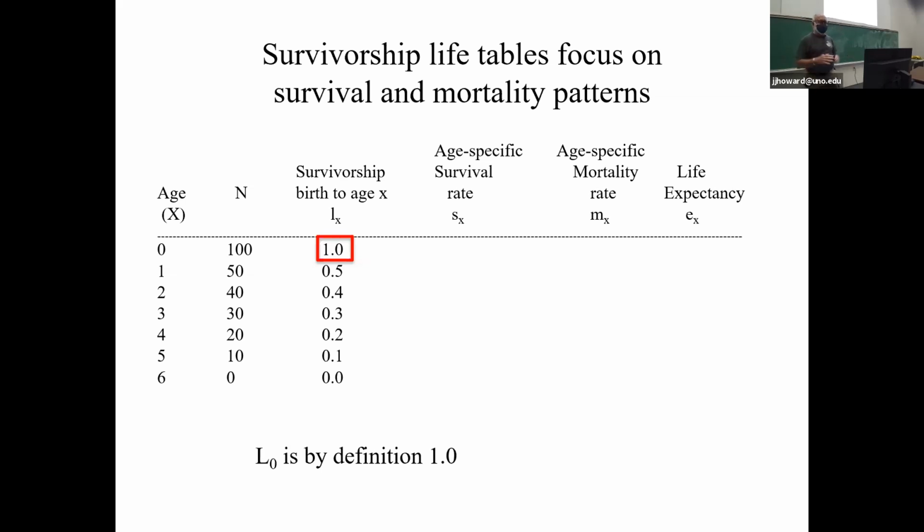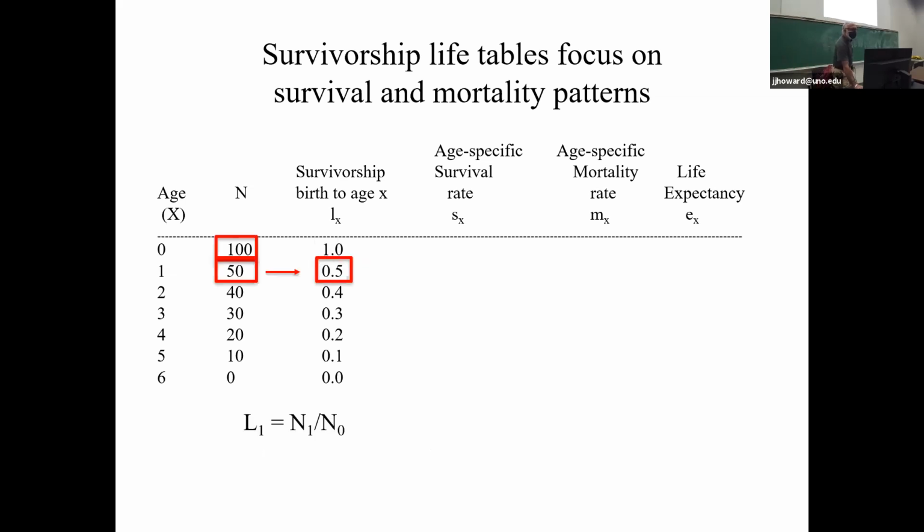This is a promising start. It gets a little more complicated as we go down though. But now, what's the probability that a newborn will survive to age 1? Well, it's simply the number alive at age 1 divided by the number of newborns. So the probability you'll survive to age 1, L sub 1, is 50 divided by 100, or 0.5.